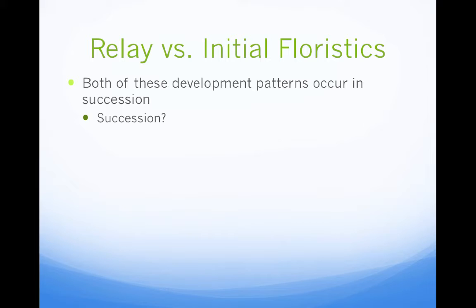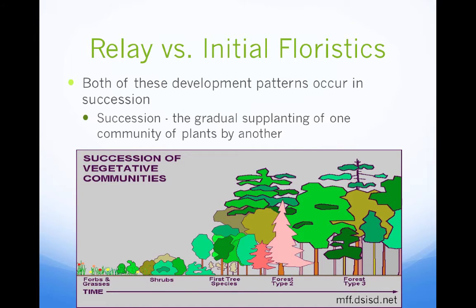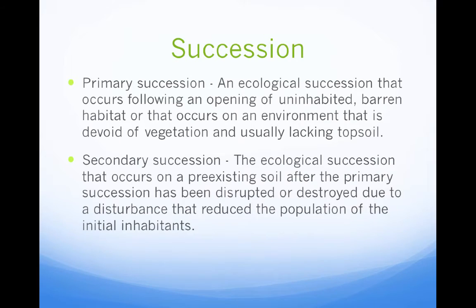So what exactly is succession? Succession is the gradual supplanting of one community of plants by another. Succession can be thought of as either primary succession or secondary succession. Primary succession is the ecological succession that occurs following an opening of uninhabited, barren habitat, or that occurs on an environment that is devoid of vegetation and usually lacking topsoil.